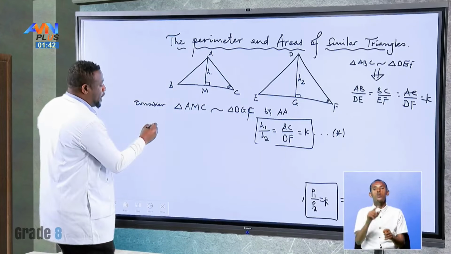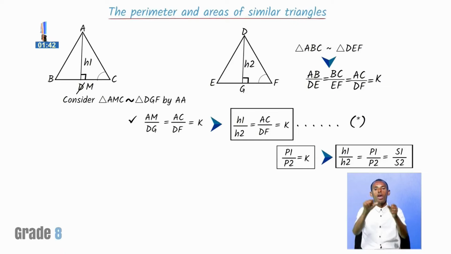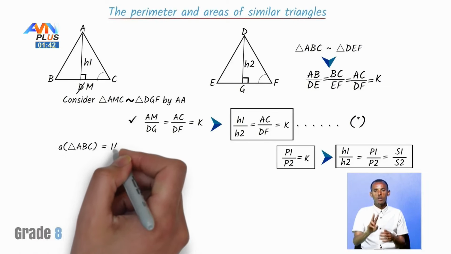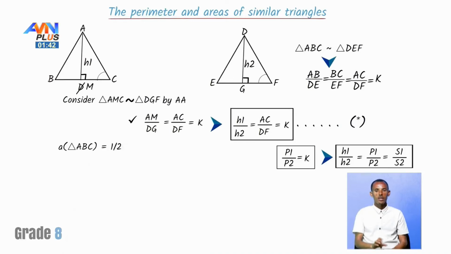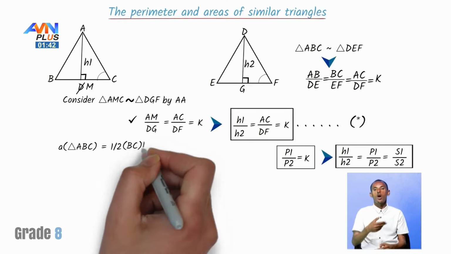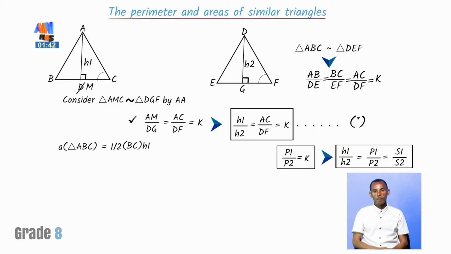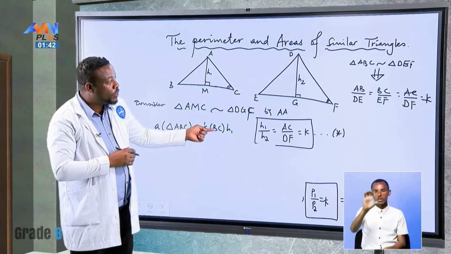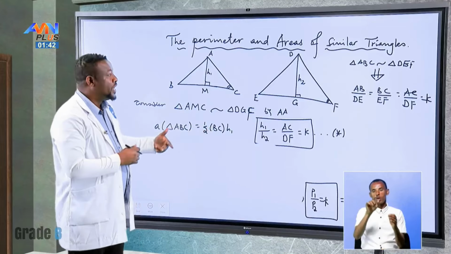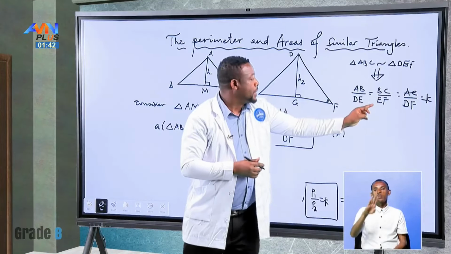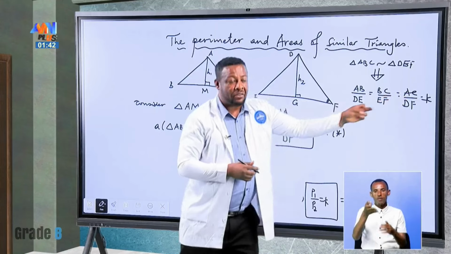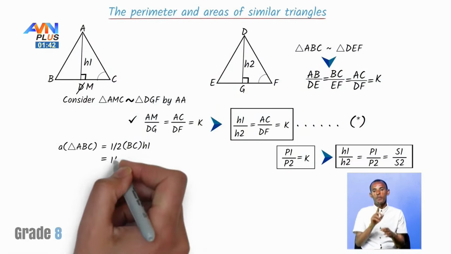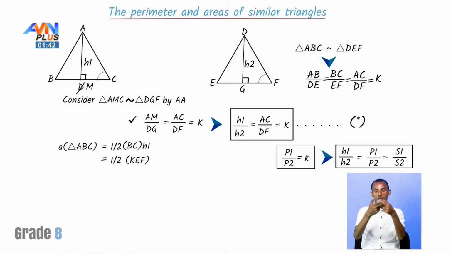So you know that the area of triangle ABC is half of the base BC times the altitude H1, right? Now, in place of BC, you can substitute EF times K, because BC is the same as K times EF.